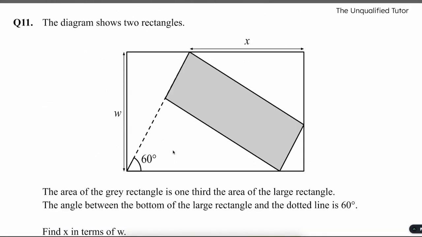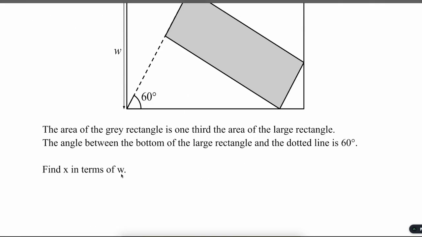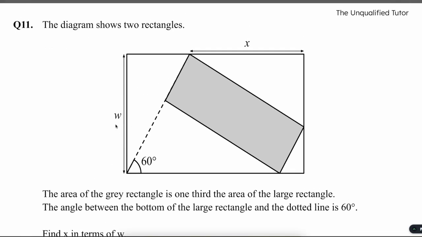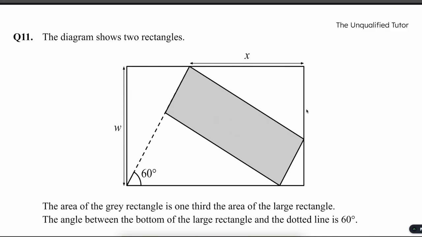The diagram shows two rectangles. The area of the grey rectangle is 1/3 the area of the large rectangle. The angle between the bottom of the large rectangle and the dotted line is 60 degrees. Find x in terms of w. Okay, so we need to find x in terms of w, and we know that this is 1/3 of the full thing.